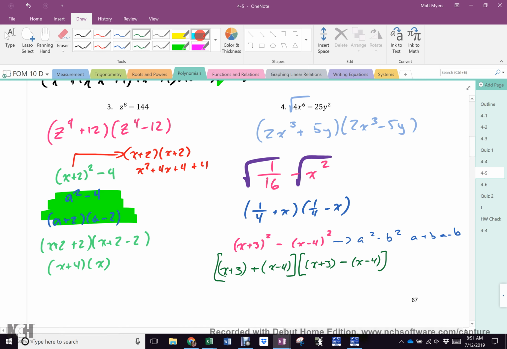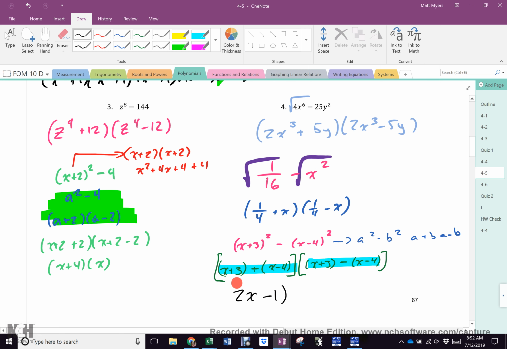Now, what do we have to do to finish this properly? We have to collect our like terms. What is x plus x? No, that's x times x. 2x. What is 3 plus negative 4?